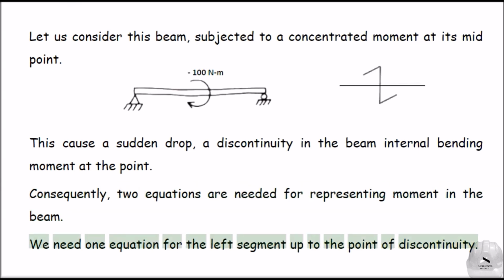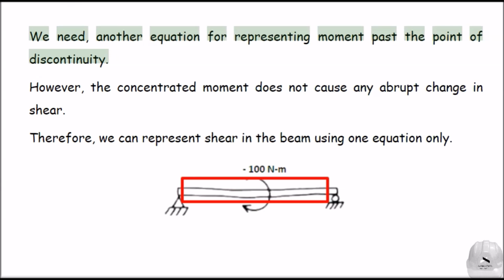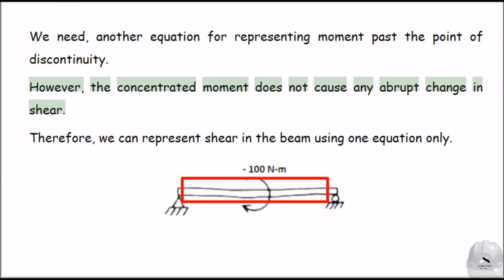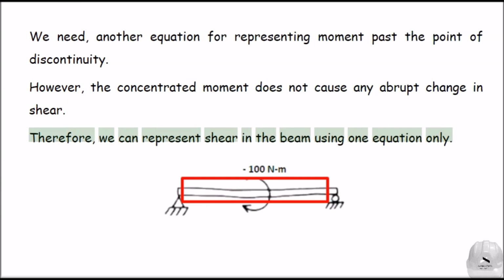We need one equation for the left segment up to the point of discontinuity, and another equation for representing moment past the point of discontinuity. However, the concentrated moment does not cause any abrupt change in shear. Therefore, we can represent shear in the beam using one equation only.